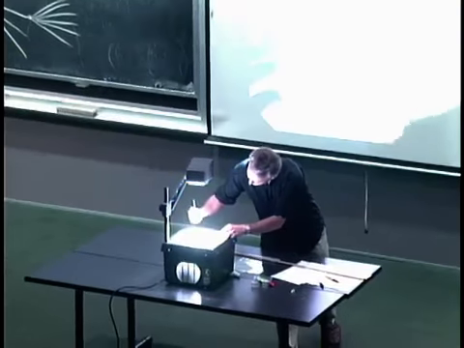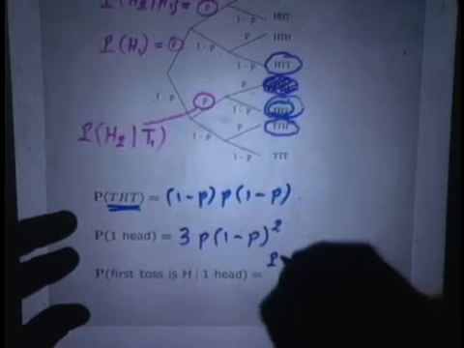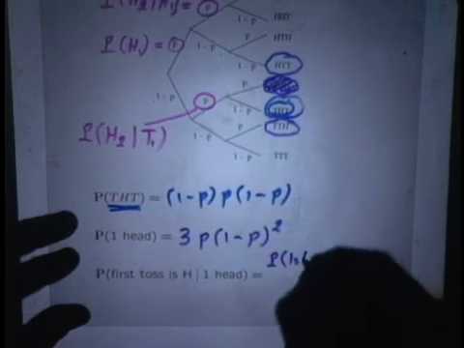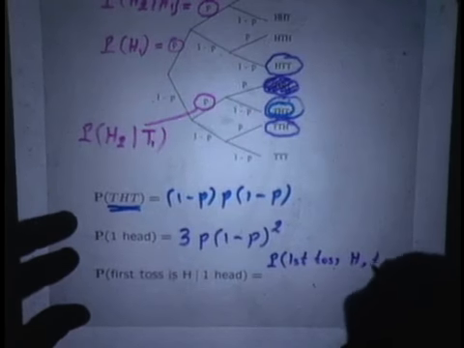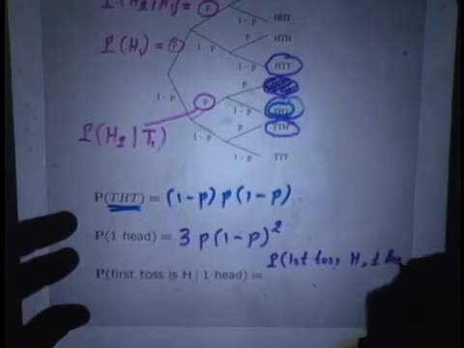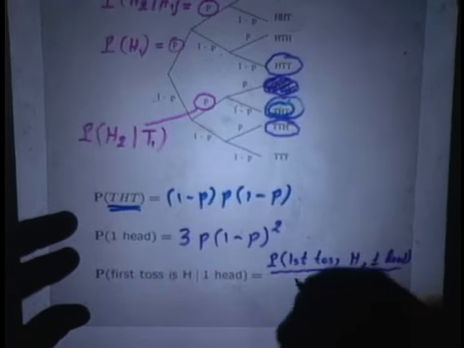Let's check our intuition using the definitions. So the definition of conditional probability tells us the conditional probability is the probability of both things happening, first toss is heads and we have exactly 1 head, divided by the probability of 1 head.